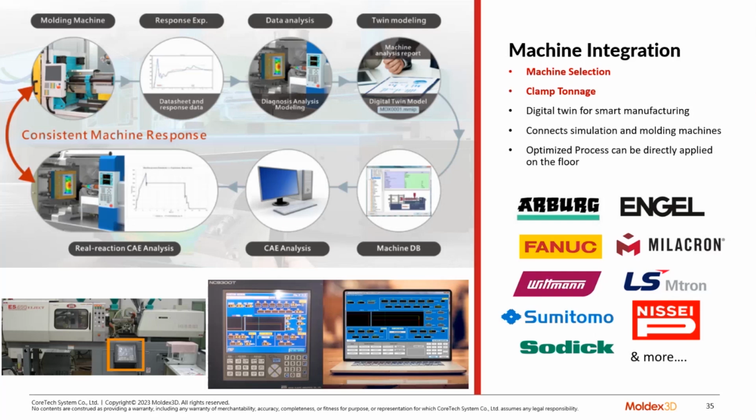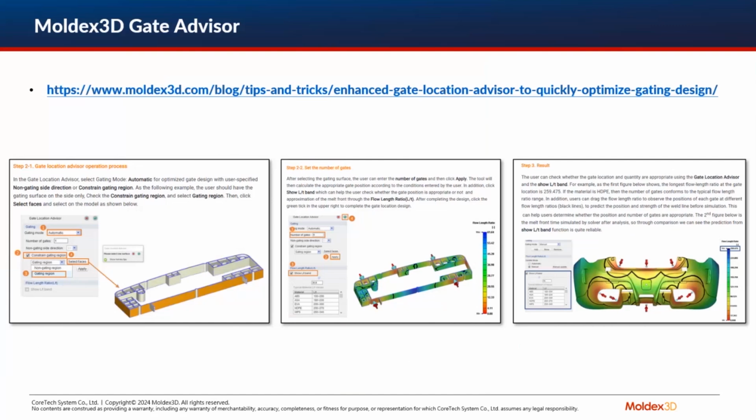We are also working with all the major machine manufacturers, so that once you optimize your process, the machine can read it, and similarly whatever settings you have inside the machine, the simulation can read it. So we are creating this back and forth loop to connect the machine to the simulation world.